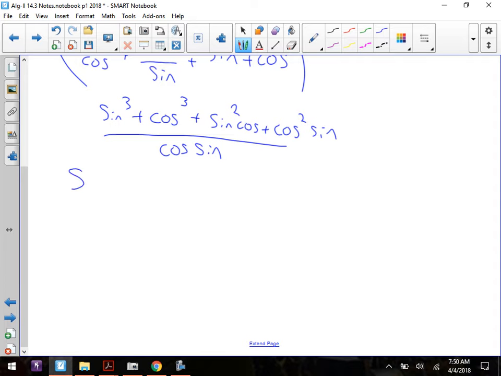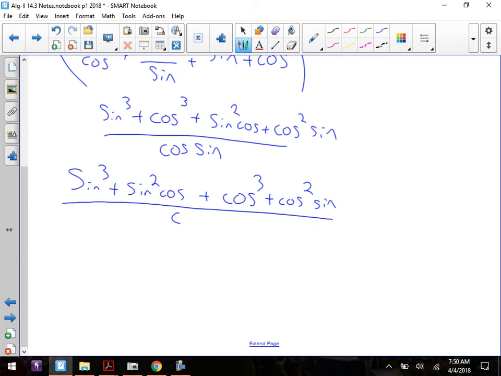So if I do this, yeah, I think I went a long way here for some reason. I'll pull up my notes in a second to see how I did. This should work just fine. Because now I can pull out a sine squared. And if I pull out a cosine squared, I get a sine plus a cosine.